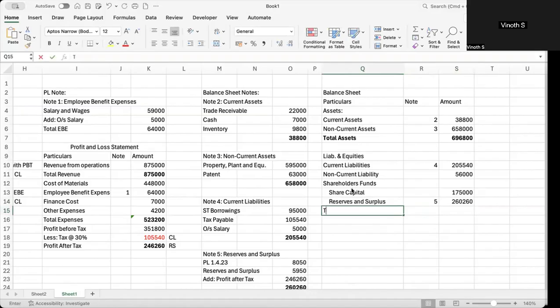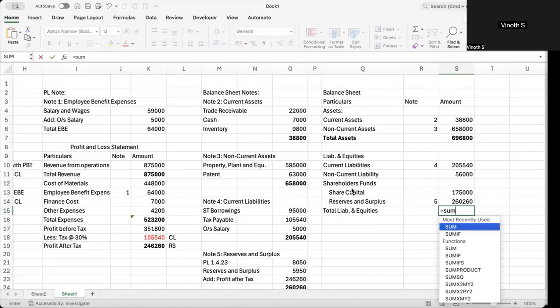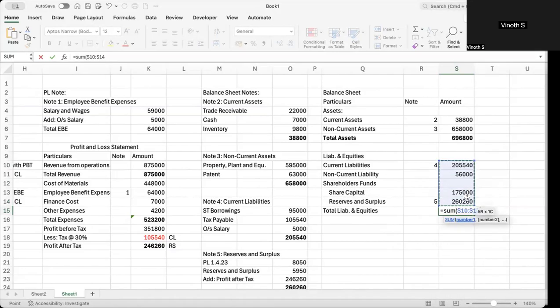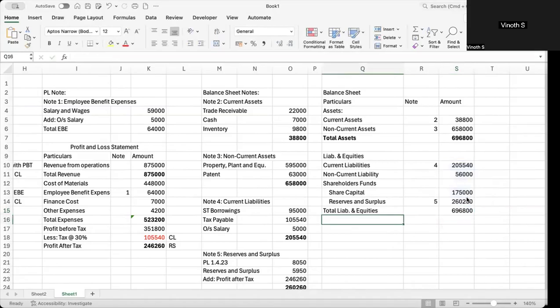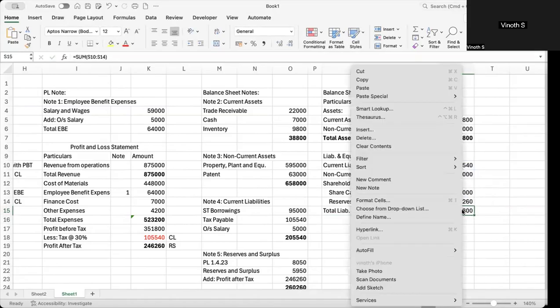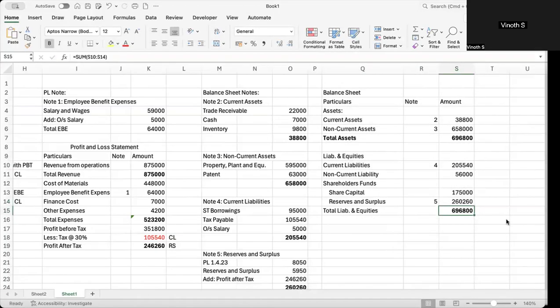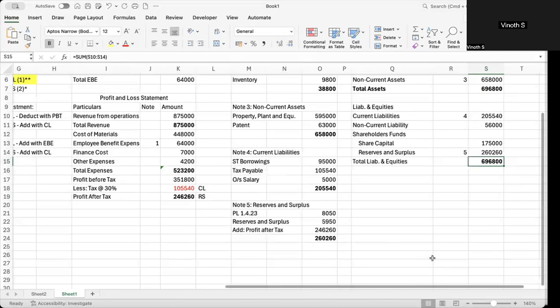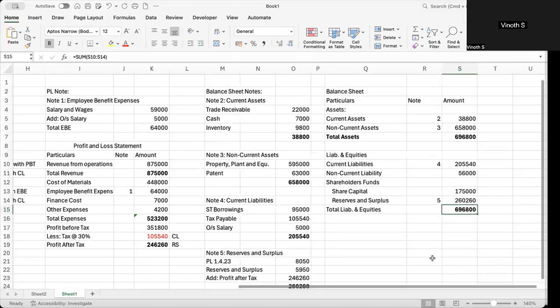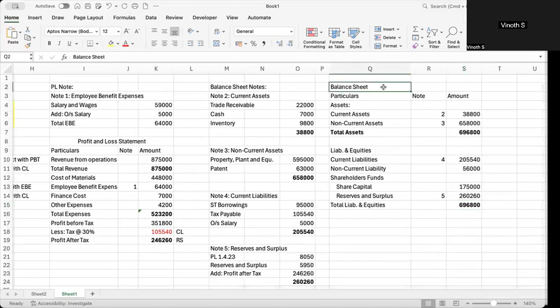Now we will put the total liabilities and equities. Same amount we got. See, the balance sheet got tallied. 6,96,800, 6,96,800.